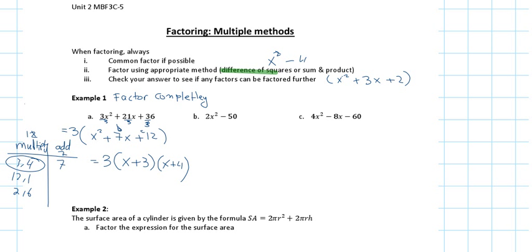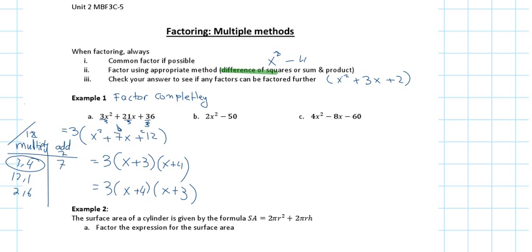Doesn't matter if you write it as x plus 4, x plus 3. Does that matter? No. Either answer is correct because it's multiplication. It doesn't matter which order you write it in. Are we okay with this?